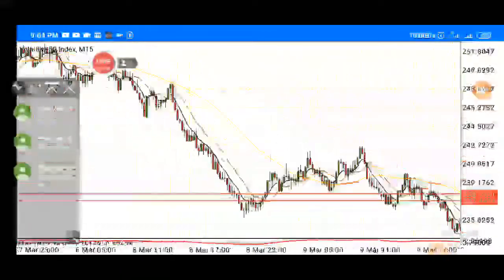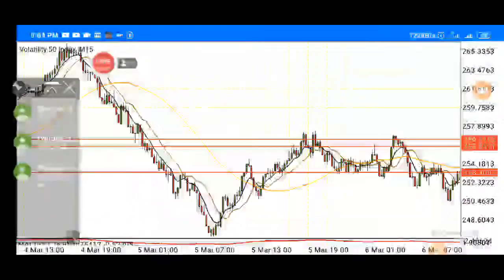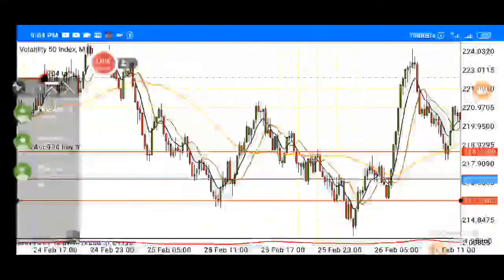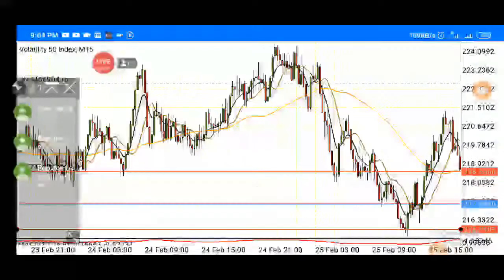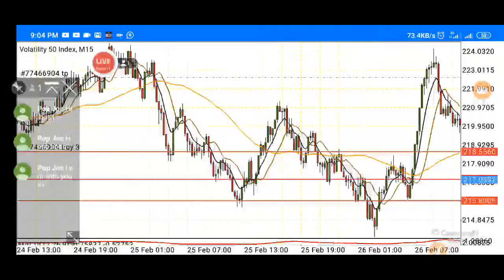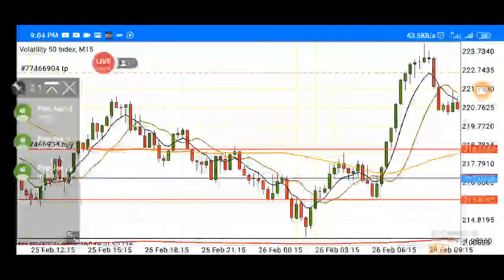So let's look for the double bottom. Okay, this is a good double bottom here. This is a good one.